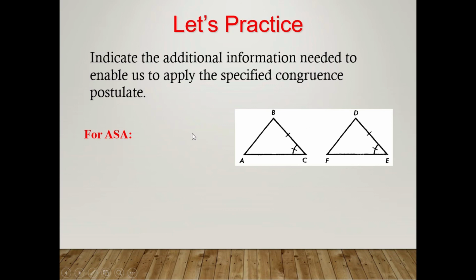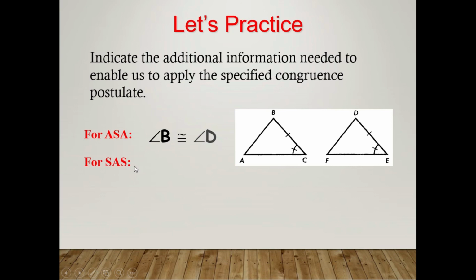So what is the third part na papangalanan natin to show that these two triangles are congruent using the ASA postulate? Take note, dapat yung ating side ay included. Ibig sabihin, nasa gitna ng two angles which are congruent. So we have angle B is congruent to angle D.